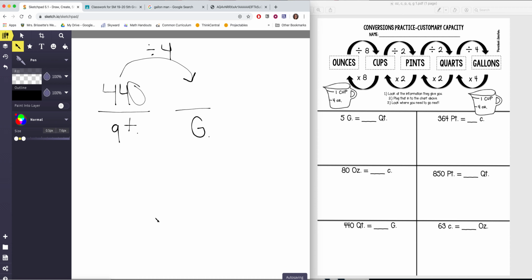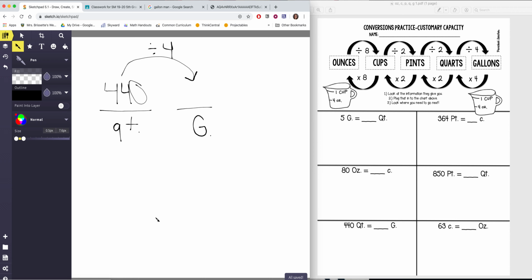Let's do some long division here. You might be able to do this in your head if you notice that 44 is divisible by 4, because 4 times 11 is 44, and then add a 0 would be 110. But let's verify with math down here. We're going to put our 4 on the outside. We'll put our 440 on the inside. 4 goes into 4 one time, which is 4.